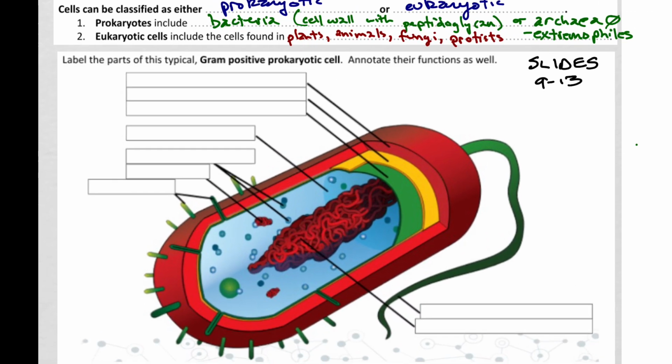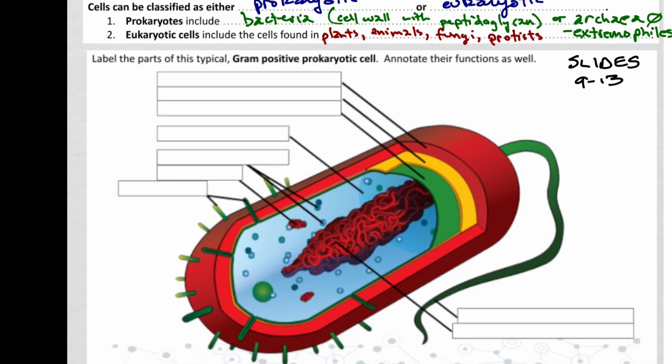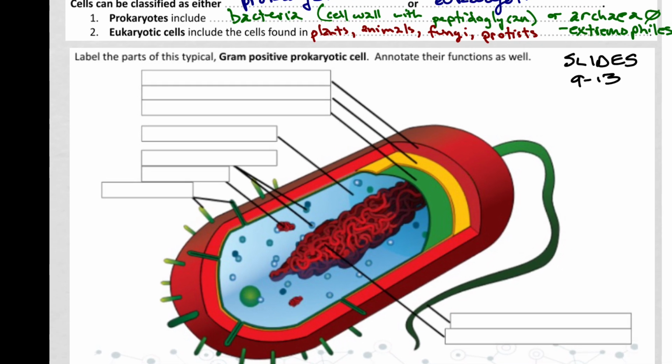Let's talk now about the structure of a prokaryotic cell. You do have to know specifically that we are talking about what's called a gram-positive prokaryotic cell.